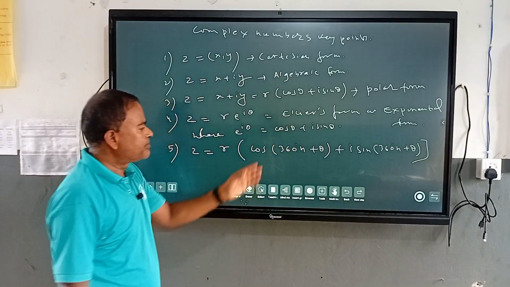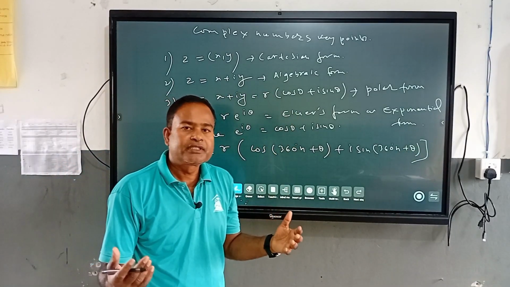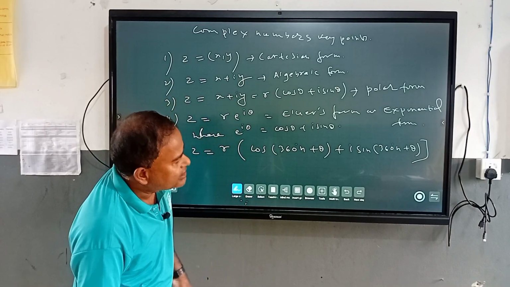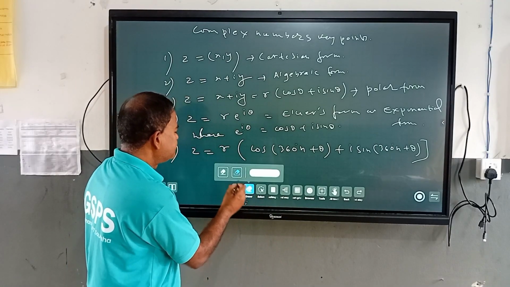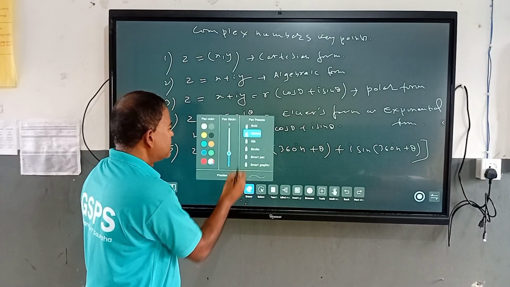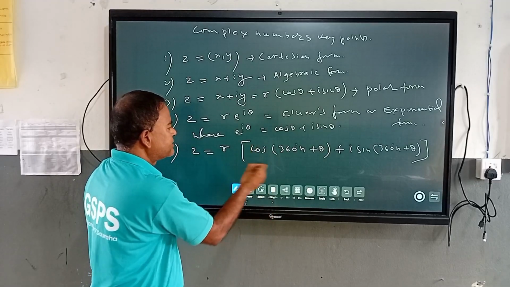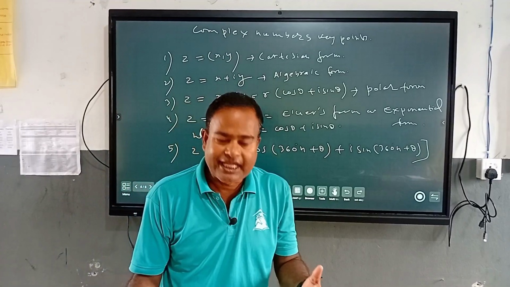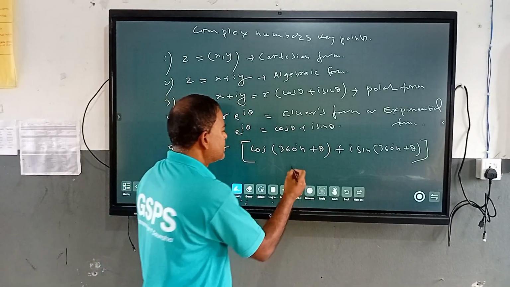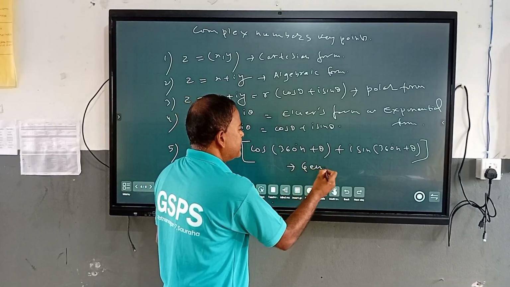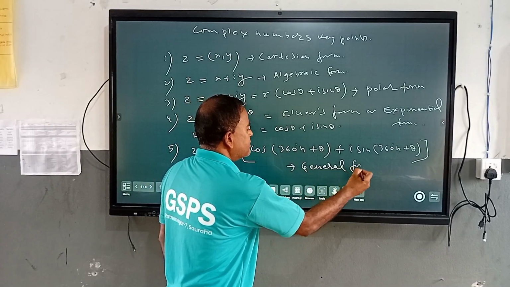So this form of complex number is called complex number in the general form.